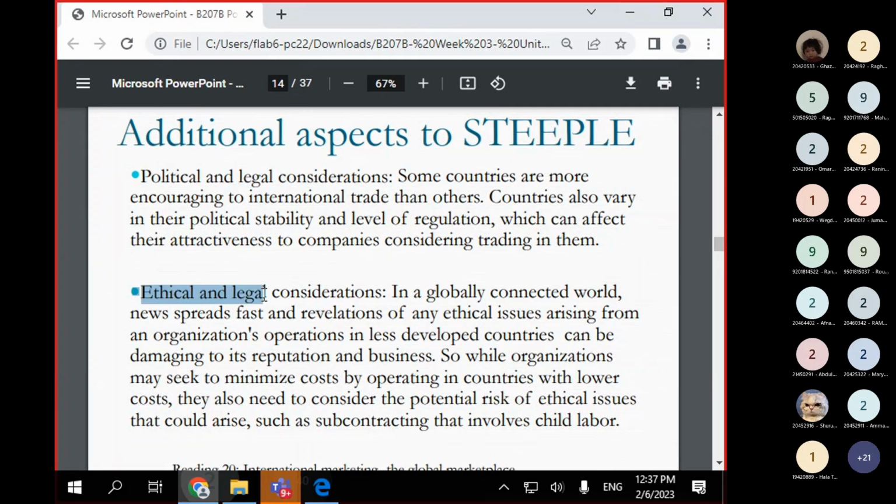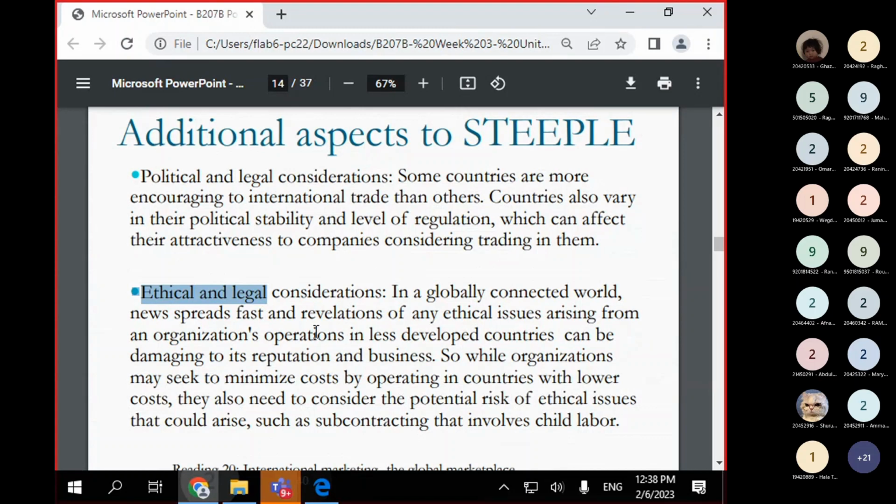Also, for ethical and legal considerations, you have to learn about what makes things ethical or non-ethical in this other country. For example, what's ethical for you might not be considered ethical by a different culture or nation. So you need to understand the difference.